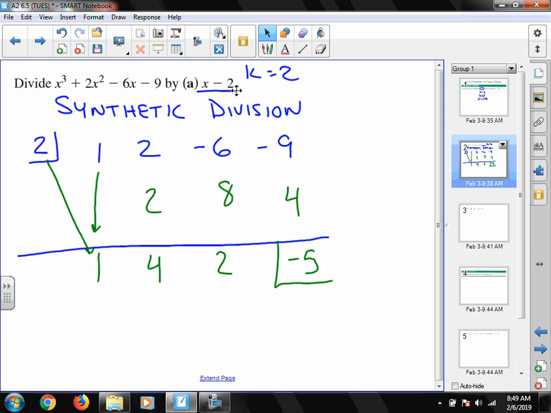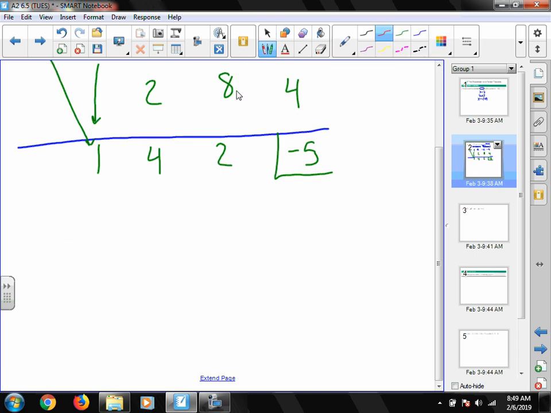Now, here's the cool part about synthetic division. With synthetic substitution, I told you don't worry about anything besides that last number, and that last number is all we want. These numbers actually do have meaning. This negative 5, from our remainder theorem that we just talked about on the first slide, is our remainder. This 2 is our constant term, or if you want to think of it as x to the 0.